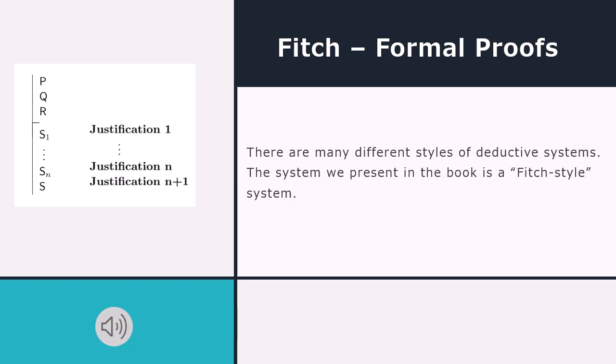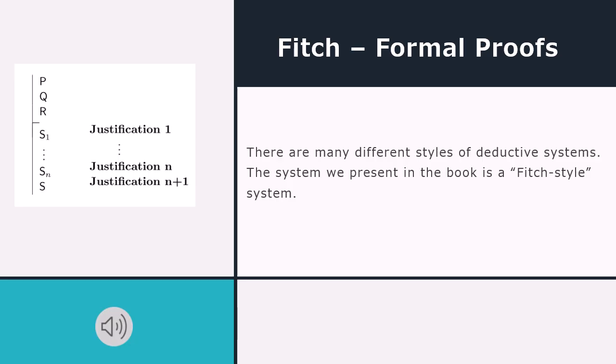Each one of those intermediate consequences is supposed to be an obvious consequence of either the premises, in this case P, Q, and R, or one of the previous intermediate steps that you've already identified as true. Again, here it just has P, Q, and R as premises, but there can be many more, or maybe just one premise in this particular setup for a proof. In fact, you can even have a proof without any premises at all.